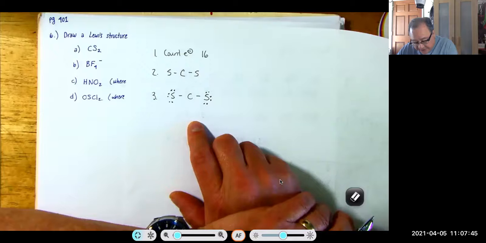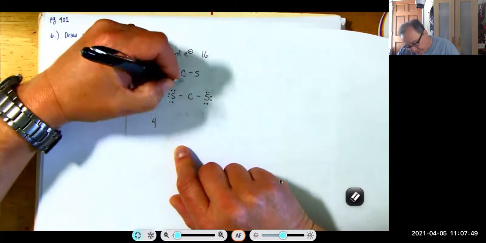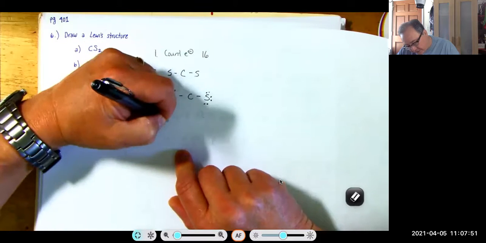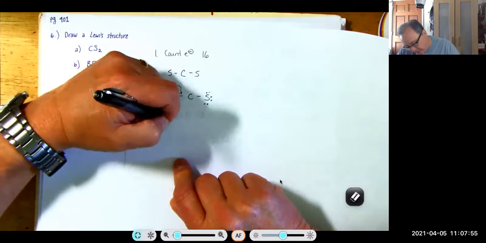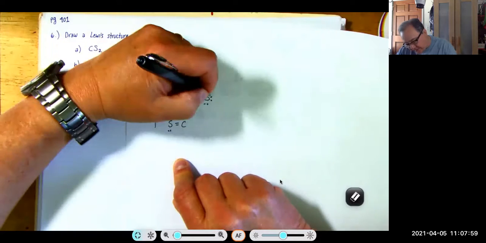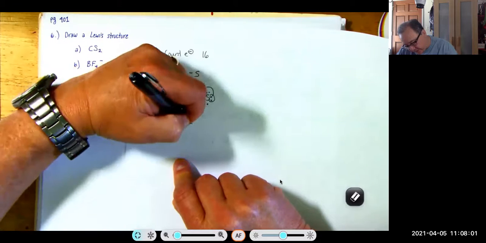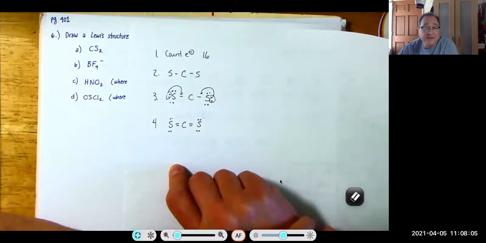But you put octets. And then what you're going to do is take 2 of these and make them a shared pair, and 2 of these and make them a shared pair. The reason you do this is because you want carbon to have 8 electrons.